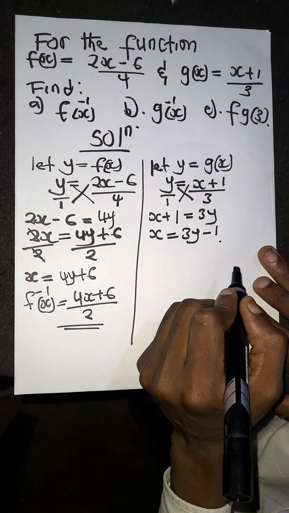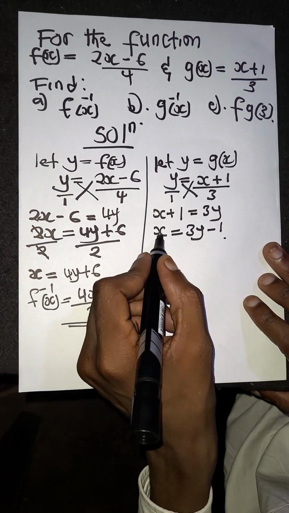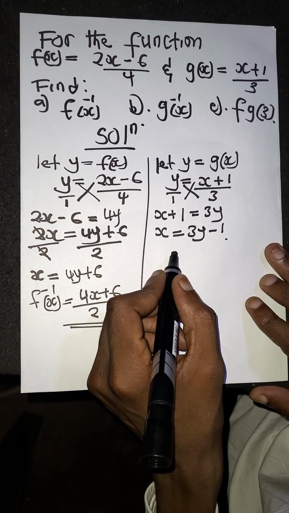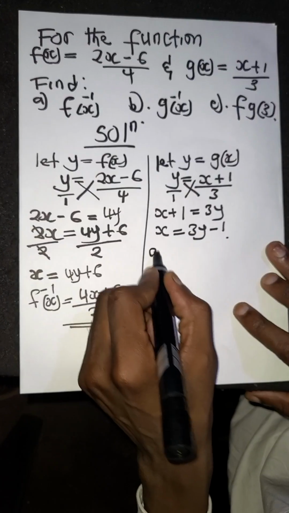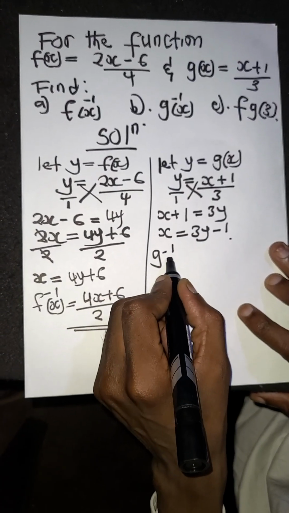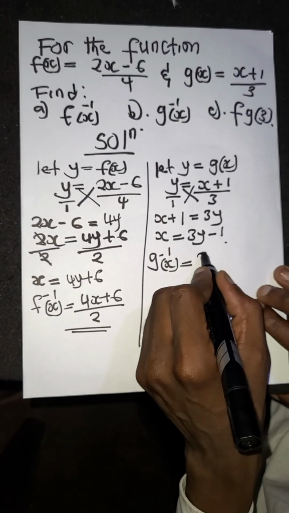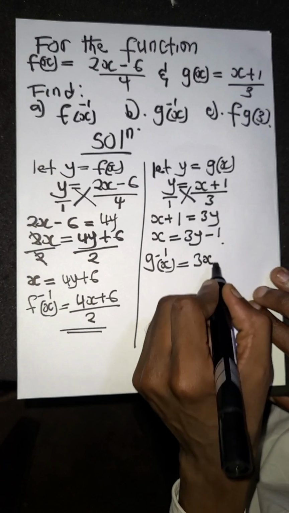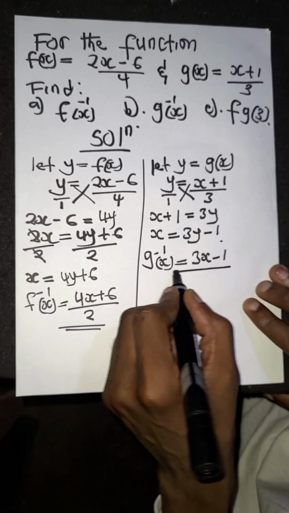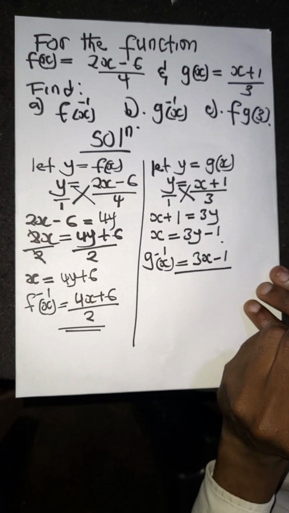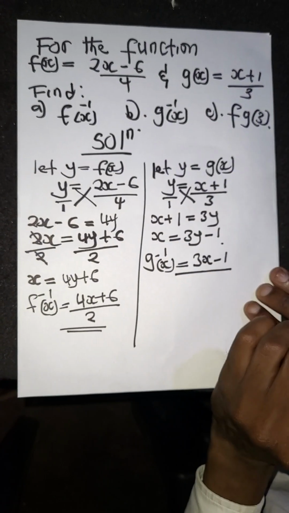That is our x as the subject of the formula. To write g inverse of x, we say g inverse of x is equal to 3, where there's y, I will also replace it with x, minus 1. And then we're done.